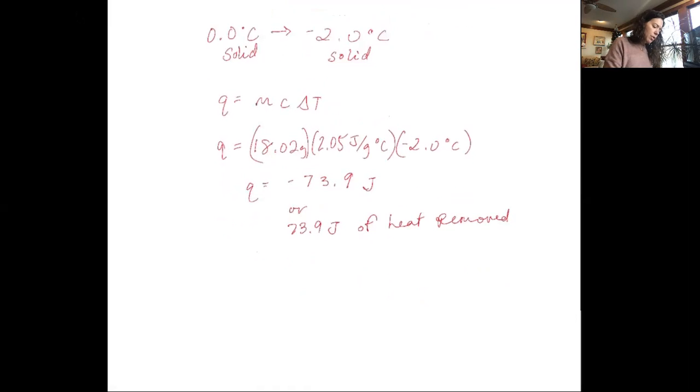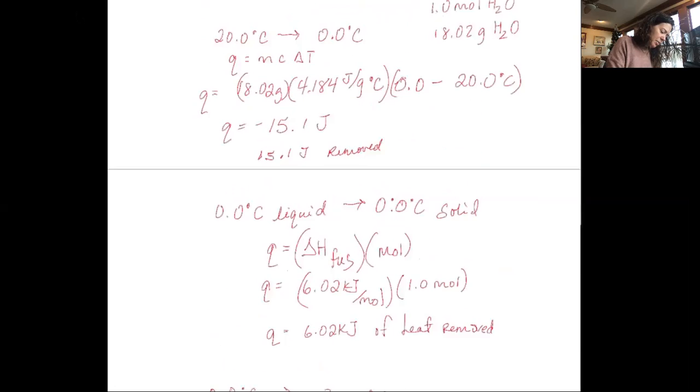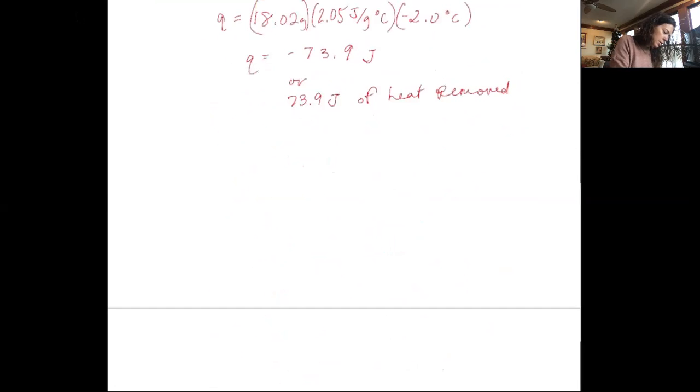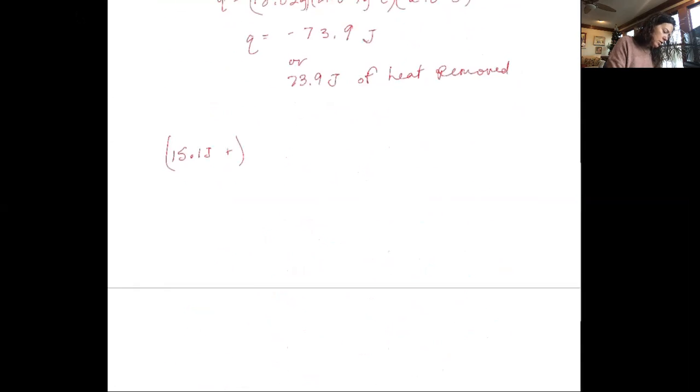Okay, so the question was, what is the energy? So what we've got here is each step. We've got the 15.1 joules plus the second step, which was 6.02 kilojoules. So we'll have to change that. Let's go like this, 15.1 joules plus 6.02 kilojoules.